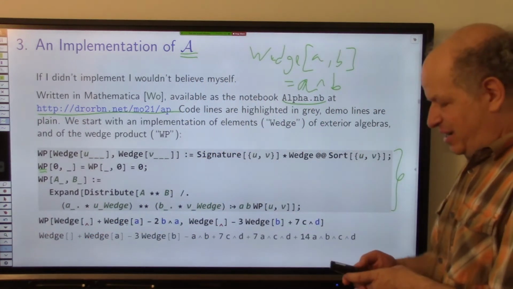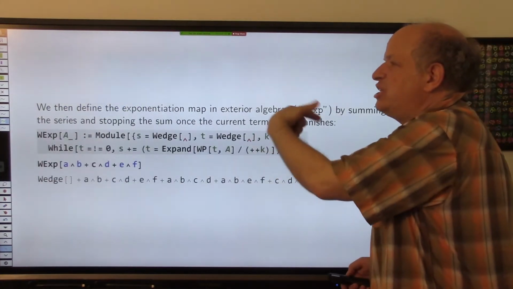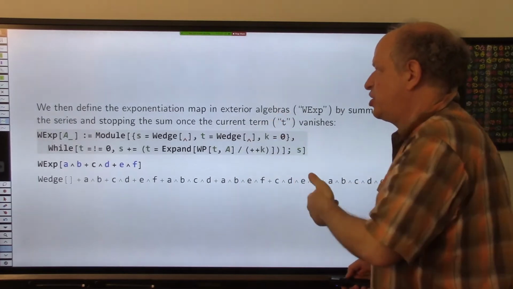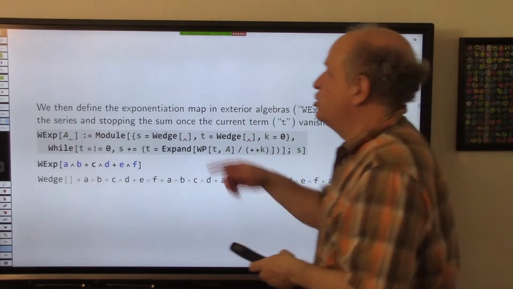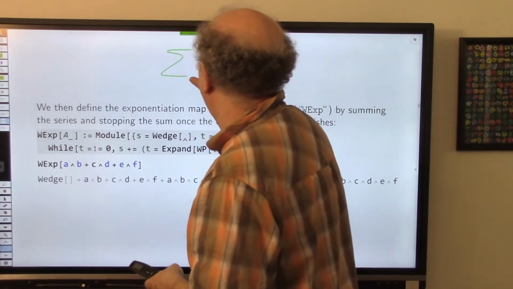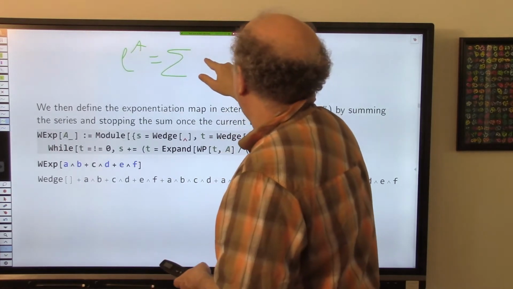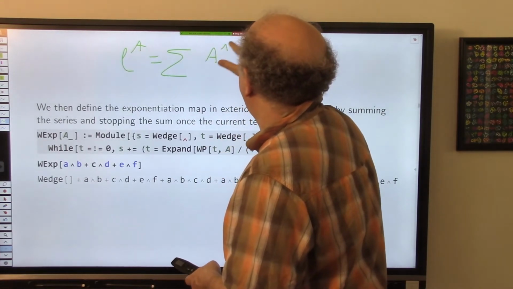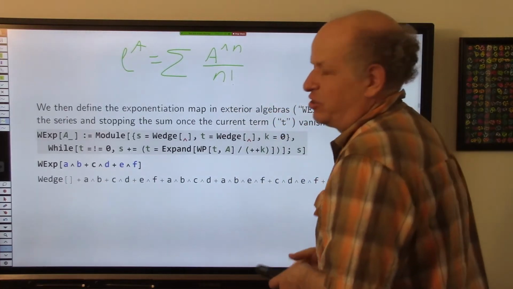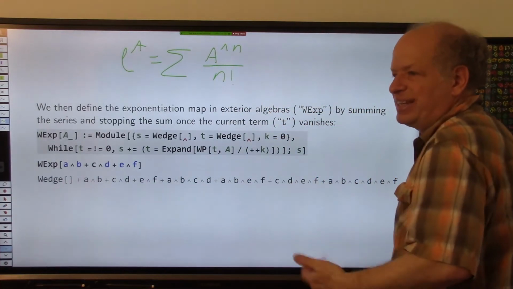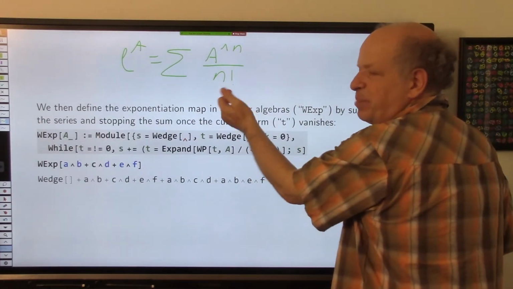Okay? Next, I implement exponentiation in exterior algebras. What is the exponent of something? The exponent of A, e to the A, is the sum of A wedge to the n divided by n factorial. So you just wedge A with itself repeatedly, and each time divide by the factorial.